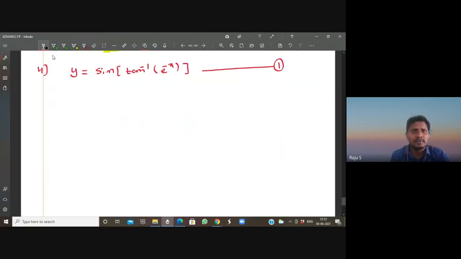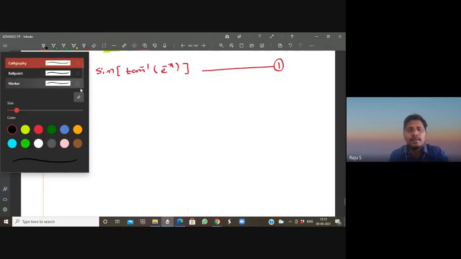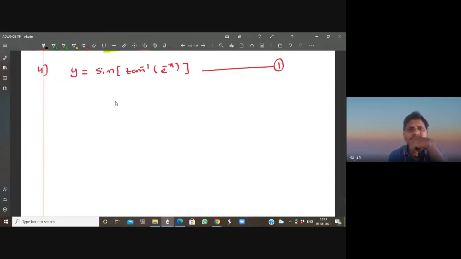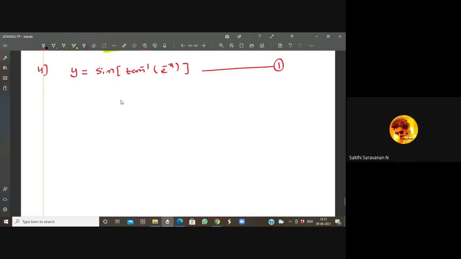Equation 1. So here, what is the formula applicable? UV formula or UVW or else U by V or chain rule? What is the rule you want to use here? How many functions are there here? Is it only a single function or else 3?